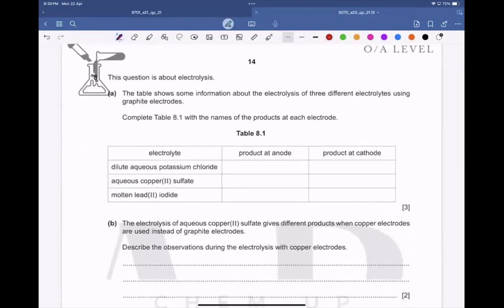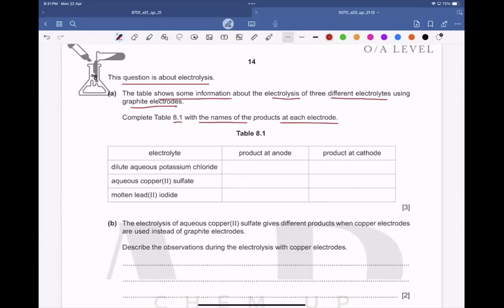Now question number 8. This question is about electrolysis. The table shows some information about the electrolysis of 3 different electrolytes using graphite electrodes. Complete table 8.1 with the names of the products at each electrode. So you have to write the products. You don't have to write the ions which are attracted towards those electrodes.